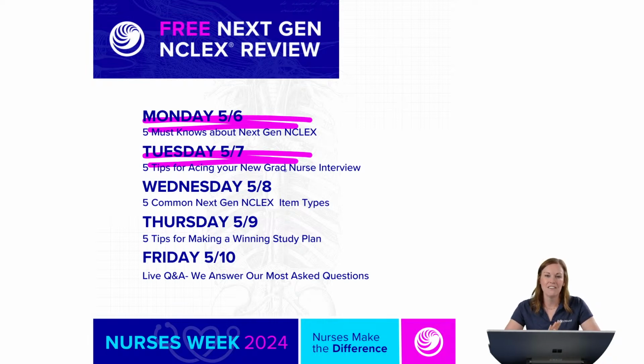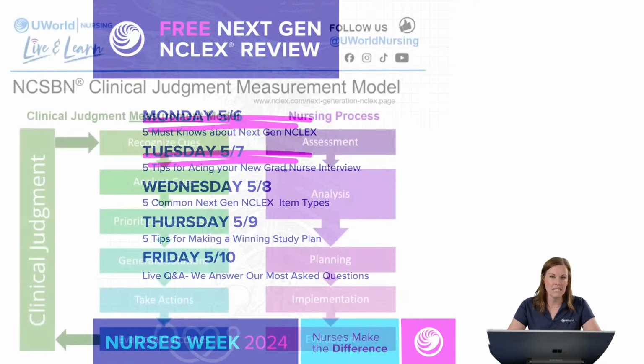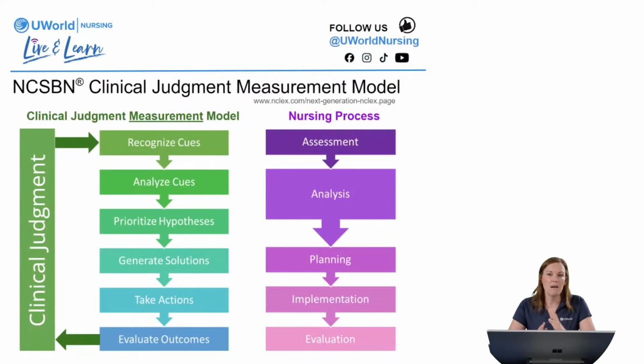We're going to be covering 5 common Next Gen NCLEX item types. Before we do that, I wanted to circle back really quickly to the clinical judgment measurement model, which we talked a lot about on Monday. The whole point of the Next Gen NCLEX was to incorporate clinical judgment and clinical decision-making for nurses.